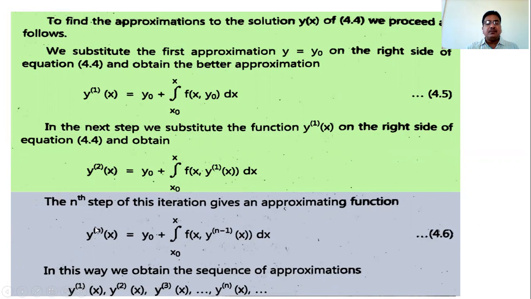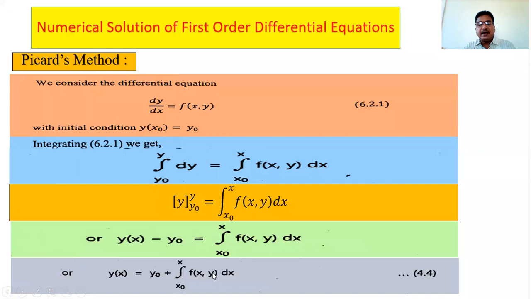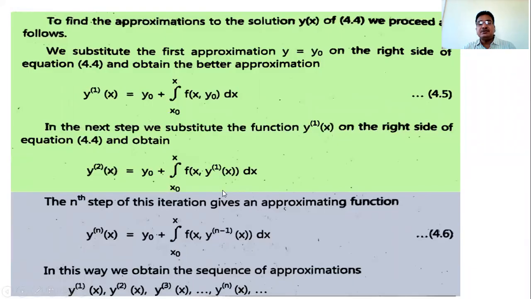In this way, after the nth step, we have the nth approximation y raised to n(x) equal to y naught plus the integral, where we substitute y as y raised to n minus 1(x). For y1 substitute y0, and for y2(x) substitute y as y1. For y3(x) substitute y as y2(x). So for yn(x) substitute y as y raised to n minus 1(x) in 4.4, and we get the nth approximation for y.